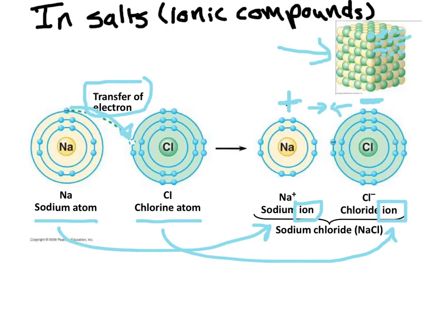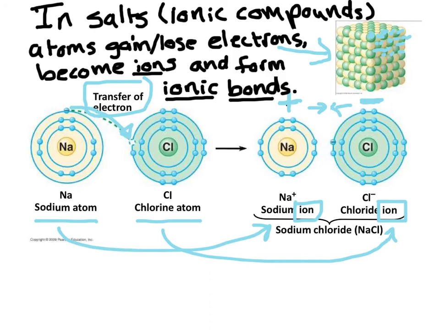So in salts, also sometimes called ionic compounds, there are ions, not atoms. Those are particles that have stolen electrons or lost electrons, and because they have done so, they've gotten charges, they've become ions, and those ions are attracted to each other. The attraction is called an ionic bond. So in salts, the no longer atoms, now ions, are held together by ionic bonds.